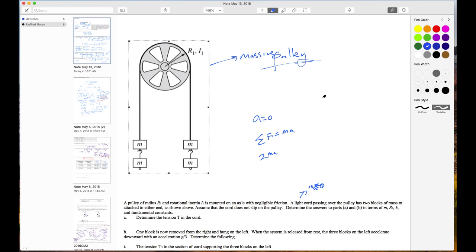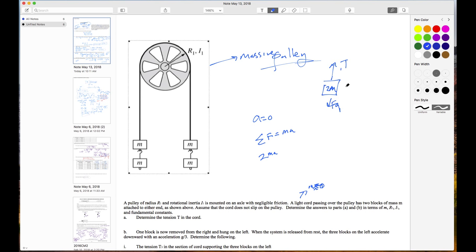If we draw a sort of free body diagram here, we have this block, 2m, with tension pulling up and Fg pulling down.